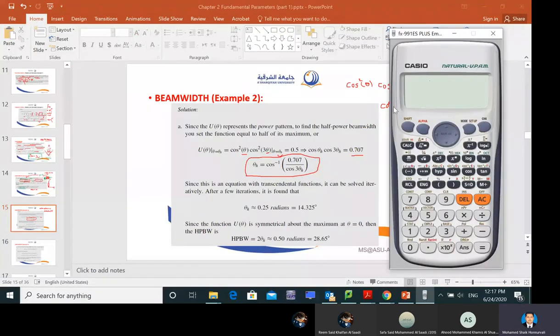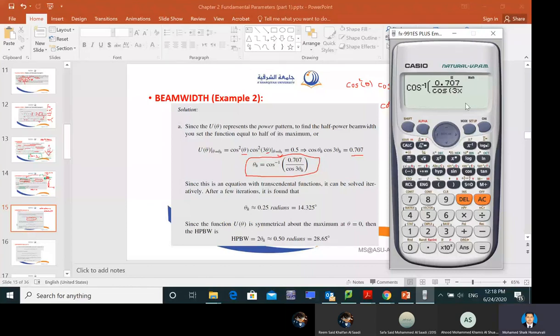Write down this function like this: cos inverse of 0.707 divided by cos 3 theta, where we have to take theta.